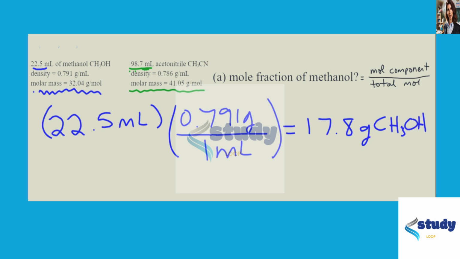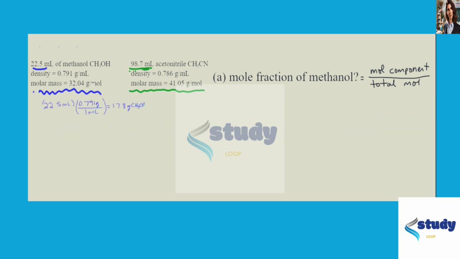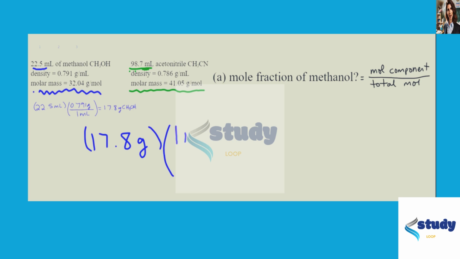Okay, that's still not what we need. What we actually need is the number of moles. So we're going to take an extra step and convert number of grams of methanol to moles of methanol using the molar mass that we can find from the periodic table. So the 17.8 grams can be converted into moles by dividing by the molar mass, which is 32.04 grams for every 1 mole.